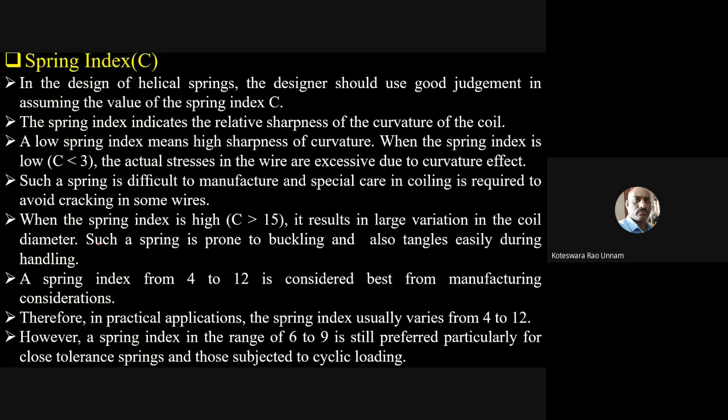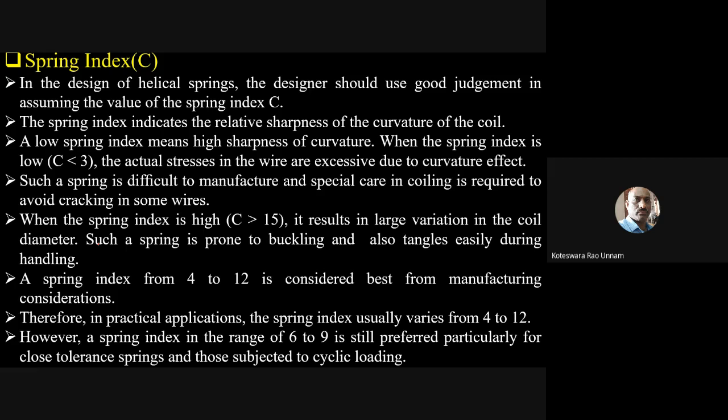The usual or best range for the spring index from the manufacturing point of view is 4 to 12 when the load is a steady load. If the load is a cyclic or fatigue load, the best range for the spring index is 6 to 9. These points we need to remember while designing springs. In problems, you have to see whether the load is steady or fatigue.